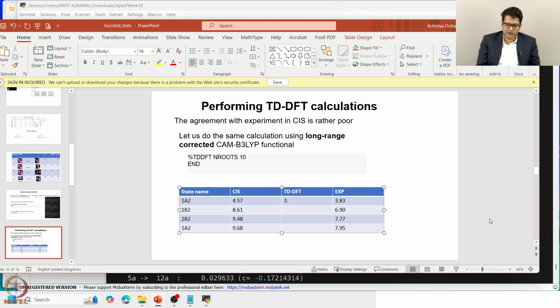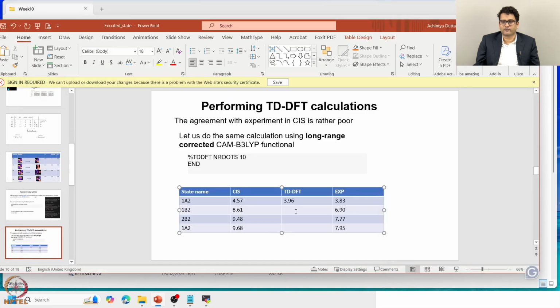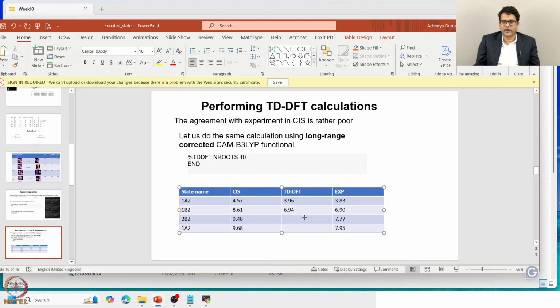The question is how many digits I should write. Because my experiment has given 3.83, there is no point in writing higher digits, so I write 3.96. For the second state it is 6.94. For the third state it is 7.89.